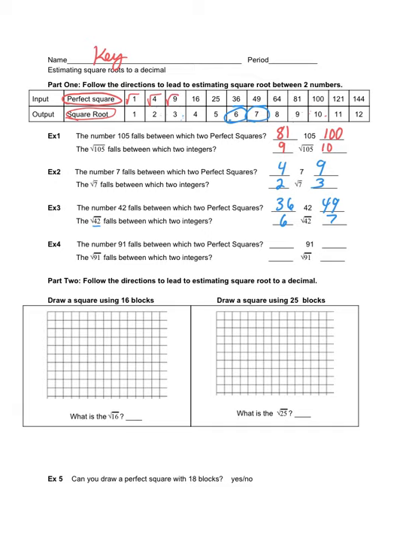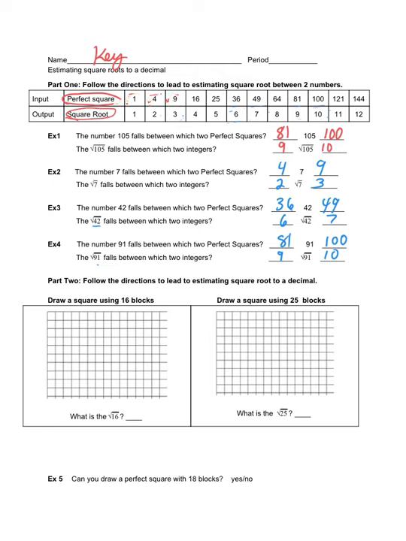Then the number 91 falls between which two perfect squares? 81 and 100. And if you look at the output, the square root of 91 falls between 9 and 10. You're just looking for what two integers the perfect square falls between.